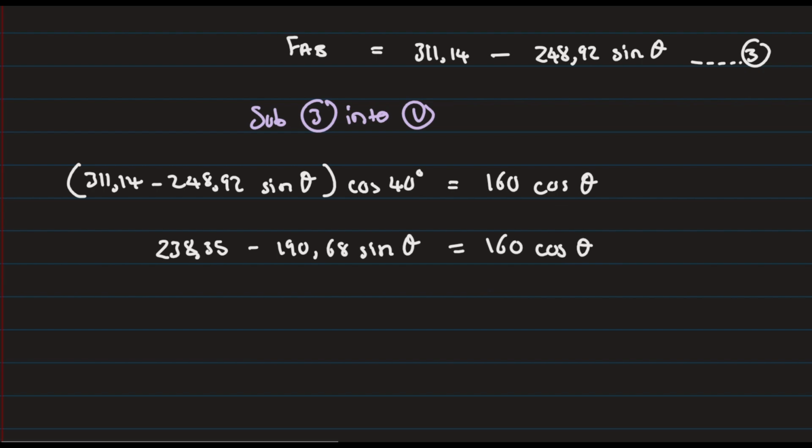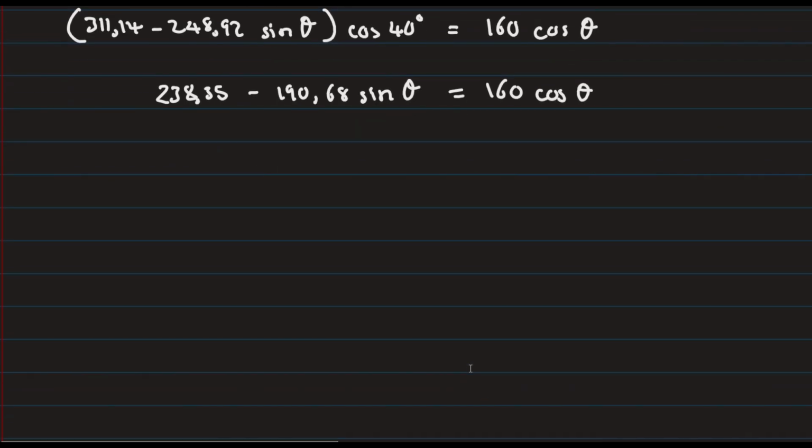So now what we have to do is to try and solve this using trial and error. We just guess the angle on the left hand side and see if it matches the right hand side.